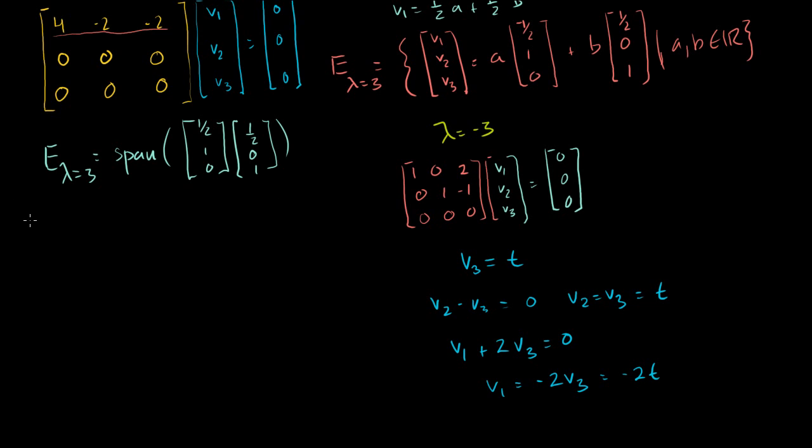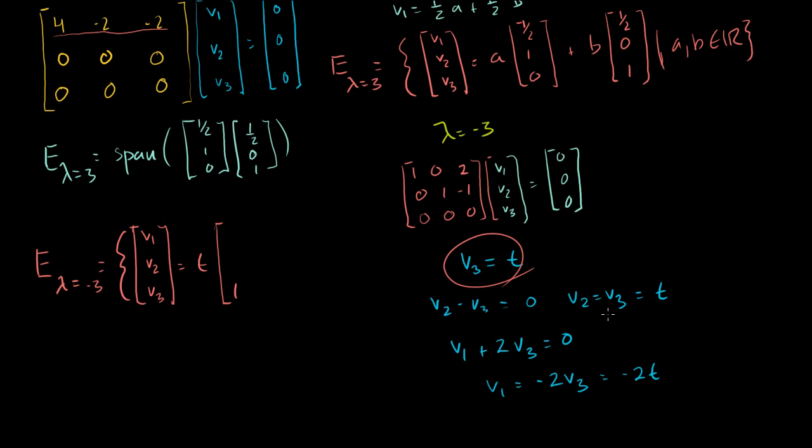So the eigenspace that corresponds to lambda is equal to minus 3 is the set of all the vectors v1, v2, and v3, where it's equal to t times, well, v3 is just t, v2 also just ends up being t, so 1 times t, and v1 is minus 2 times t, for t any real number.